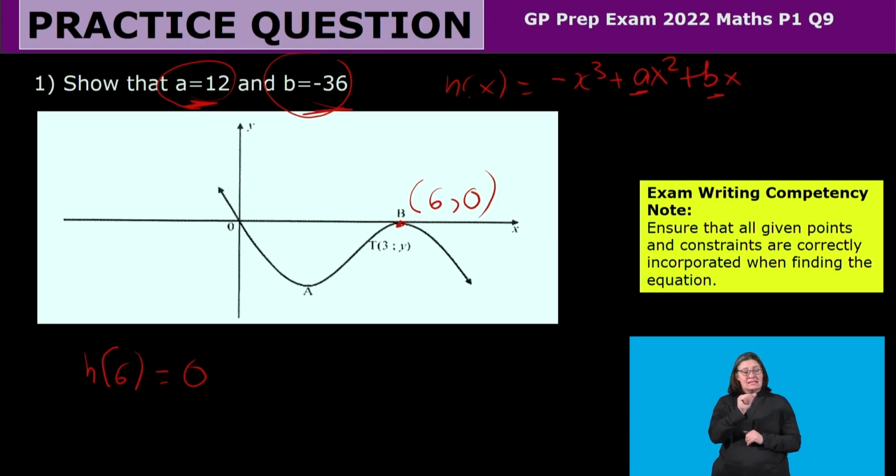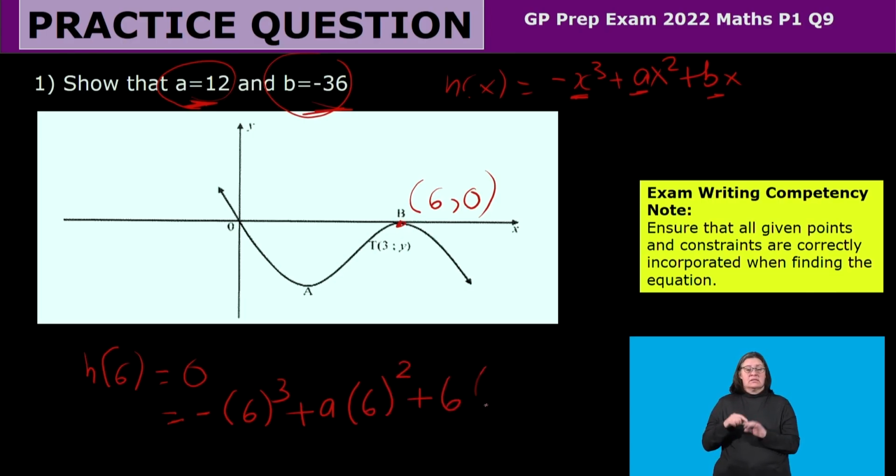Substituting that value of 6 in, so we're substituting 6 in here, we're going to get minus 6 cubed plus A times 6 squared plus B times 6.